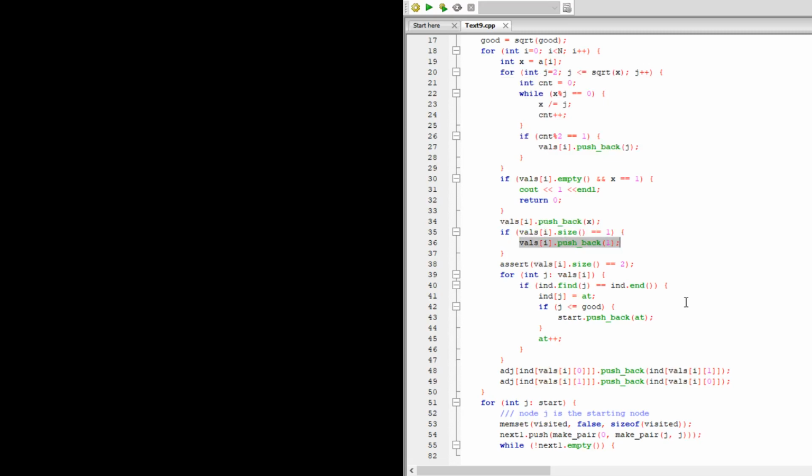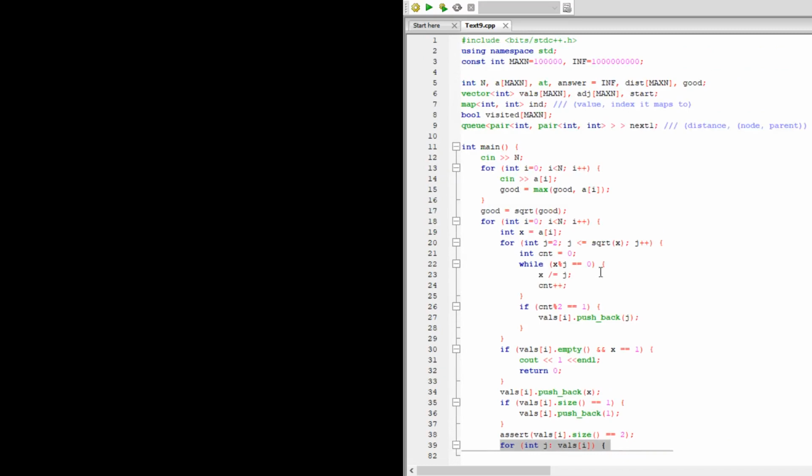So like if there's only 5 in there, we make it 5 times 1, or 2 times 1. This is so that we have exactly 2 in vals.size. Okay, now let's look at this next thing here. Oh yeah, so vals was a vector int array. For every a of I, it stores the 2 values that factorize it.